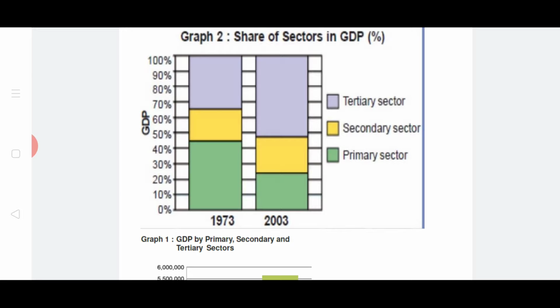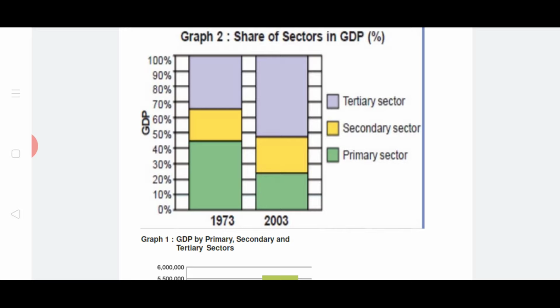But over the years we see that the role of the agriculture sector is decreasing, and the green area has decreased from 1973 to 2003. The role of the secondary sector is also increasing; the yellow area has increased from 73 to 2003.